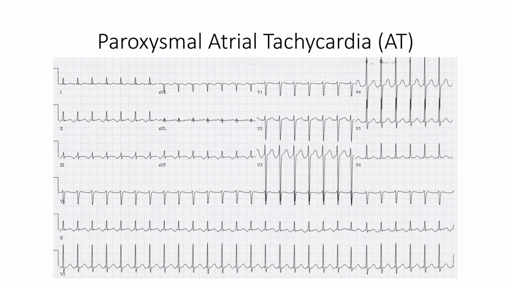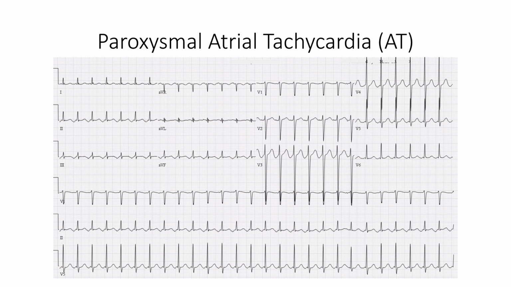Our third most common SVT is paroxysmal atrial tachycardia. It is paroxysmal because an area of the atrial tissue electrically wakes up, fires rapidly, and takes control of the heart rhythm, and this can happen randomly, or in bursts called paroxysms.